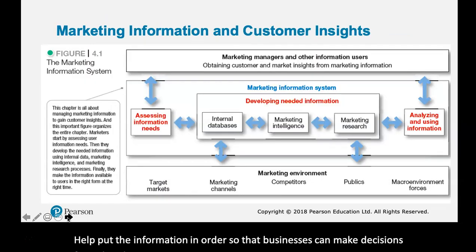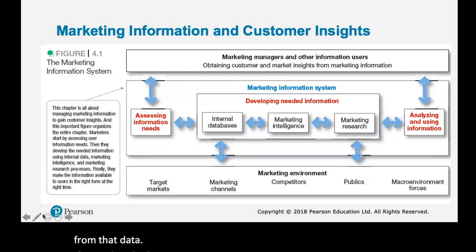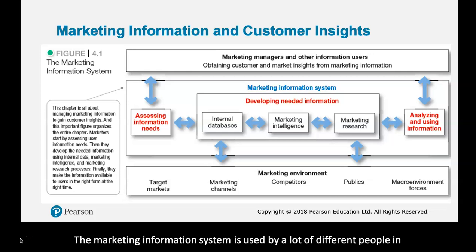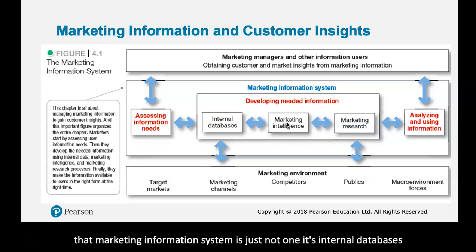If you take a look at this graphic, you will see that marketing information system is used by a lot of different people in the marketing environment. And the marketing information system is just not one thing. It's internal databases, it's marketing intelligence that is gathered from the field, it's marketing research that is gathered from the public or from the markets in which the company wants to do business.